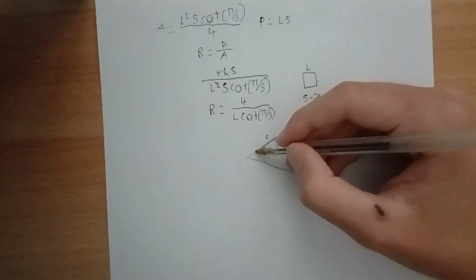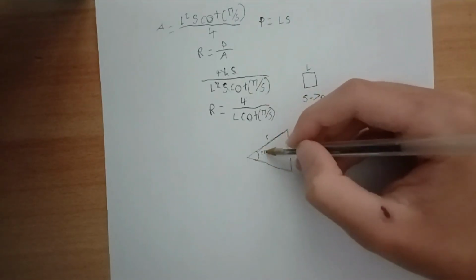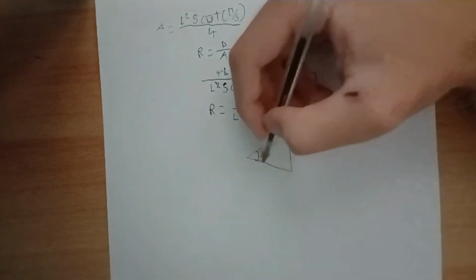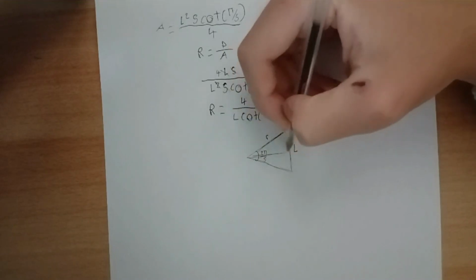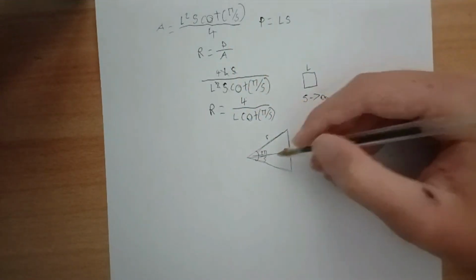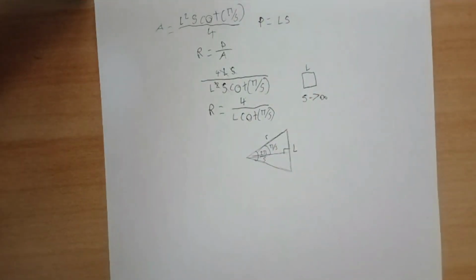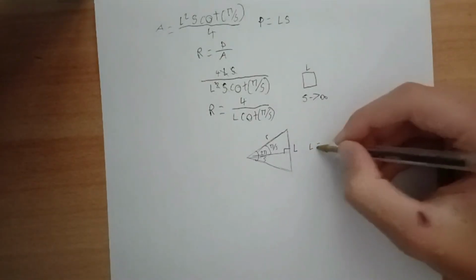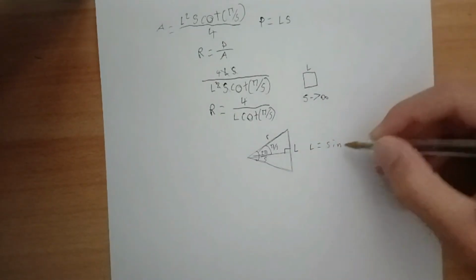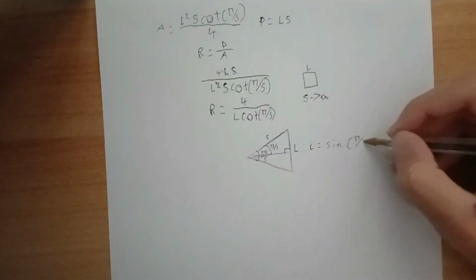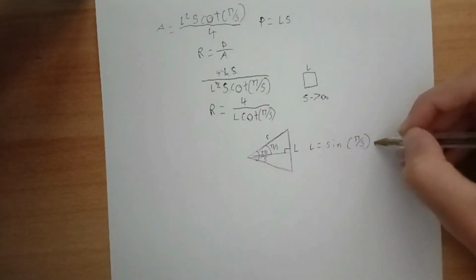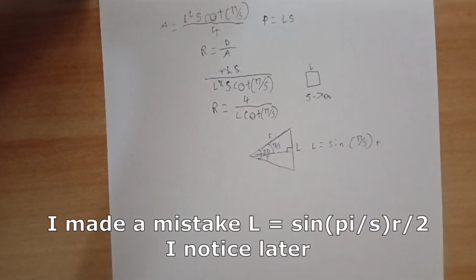So this angle here is 2 pi over s. But we're going to cut it in half to make a right angled triangle. So this becomes pi over s. Now we're going to use trigonometry to get that L is equal to sine pi over s times OR. It's just regular trigonometry.